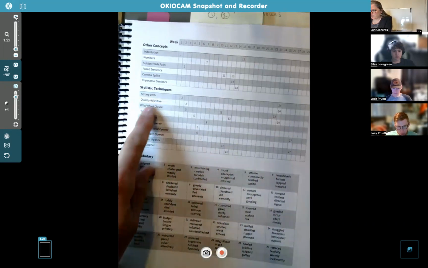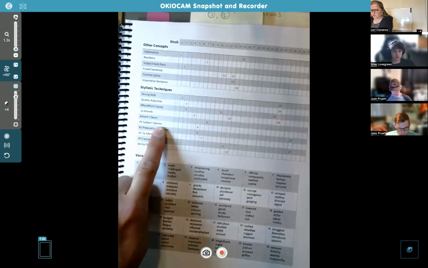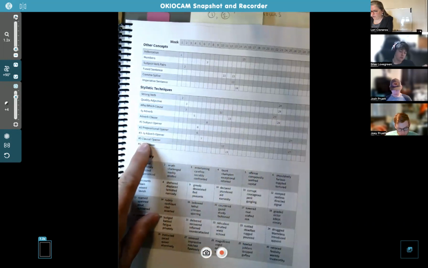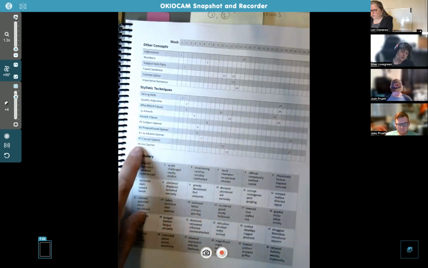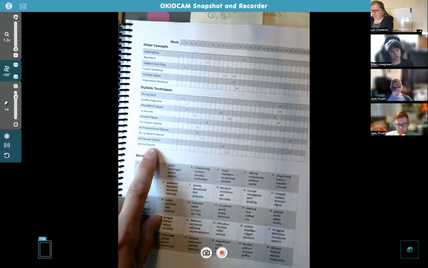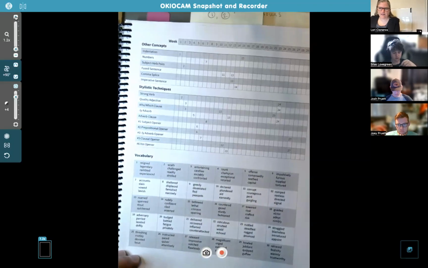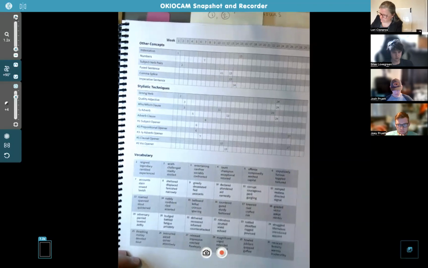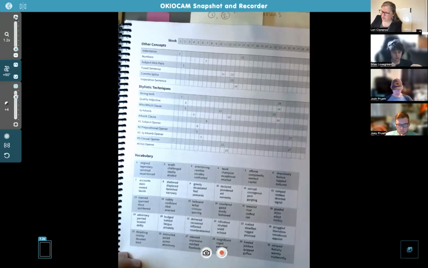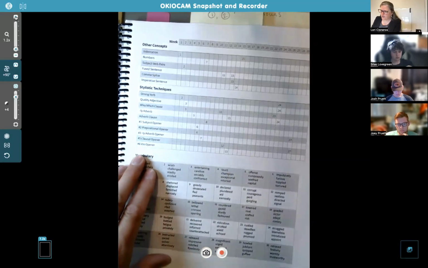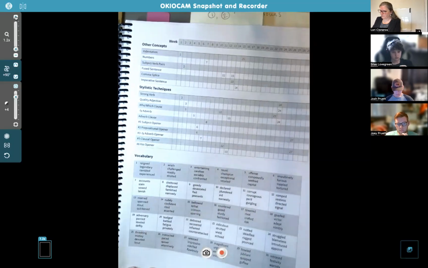Here under stylistic techniques, you've got number 1 subject opener, number 2 prepositional opener, number 3 ly adverb opener, number 5 clausal opener, and number 6 VSS opener. And yes, we're missing number 4. That must be because you learned that in level C. So you have 1, 2, 3, 5, and 6. So these are just labels that they gave these openers. That's why VSS is a number 6 opener.